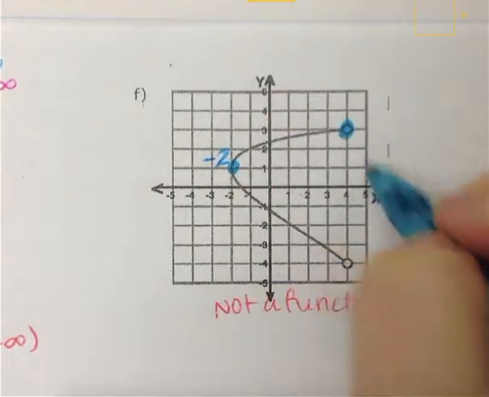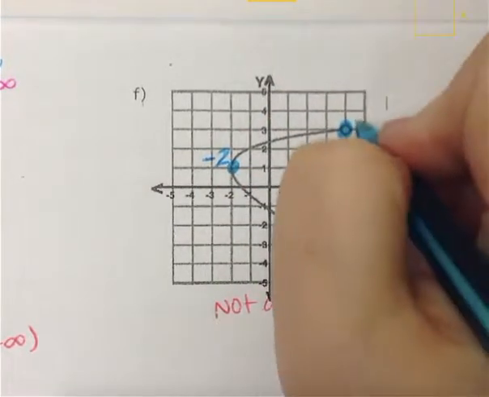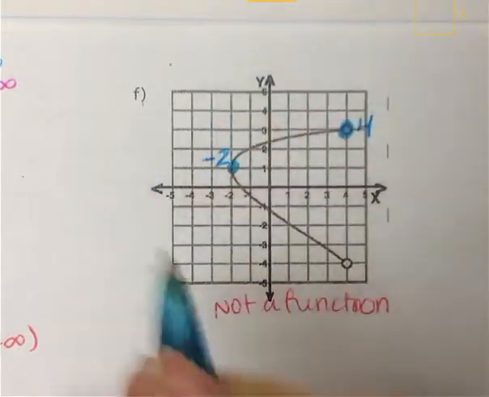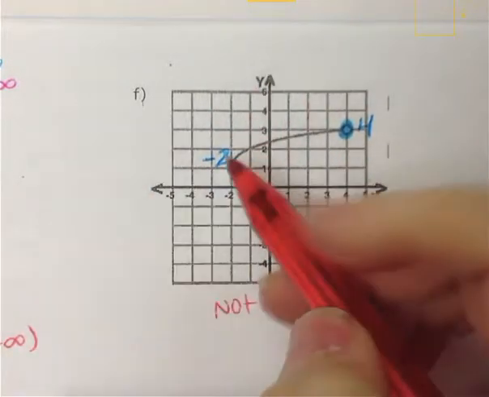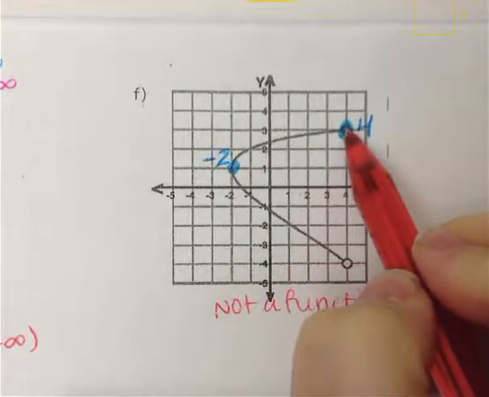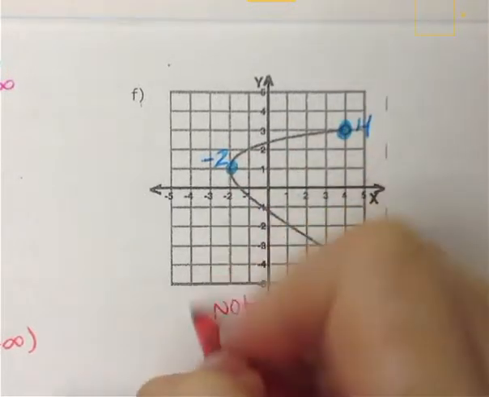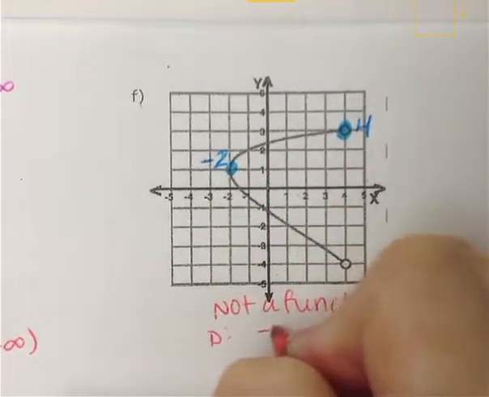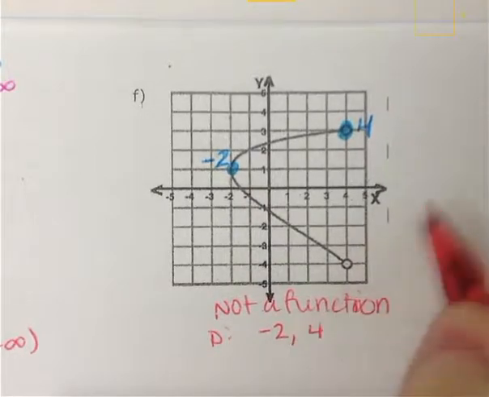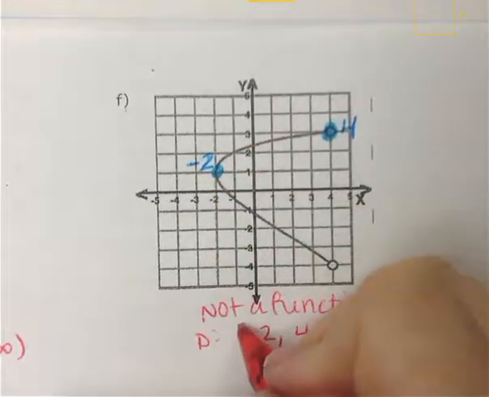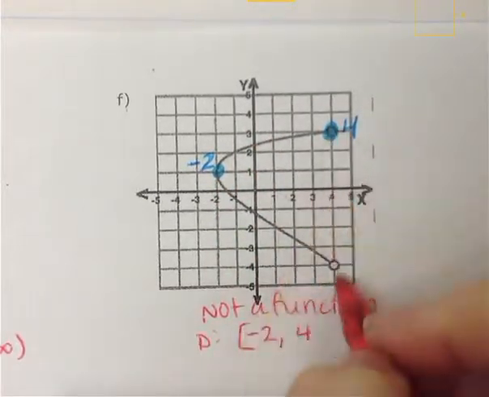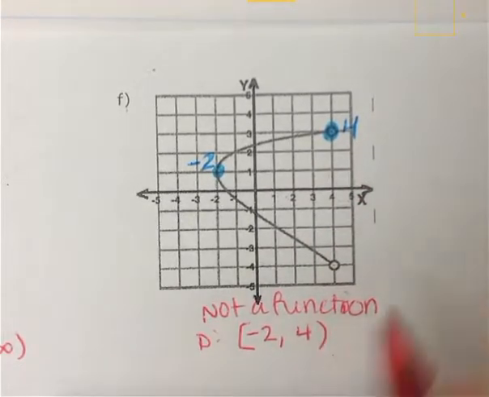And the farthest on that right is that +4. Our domain, we can go from blue to blue without breaking. Our domain will be that -2 to that +4. It is solid at the -2, but it is open in both of these locations on that 4. So it's an open bracket.